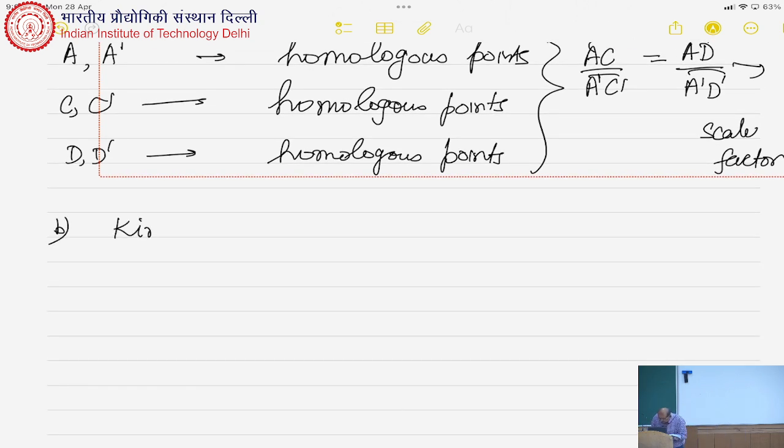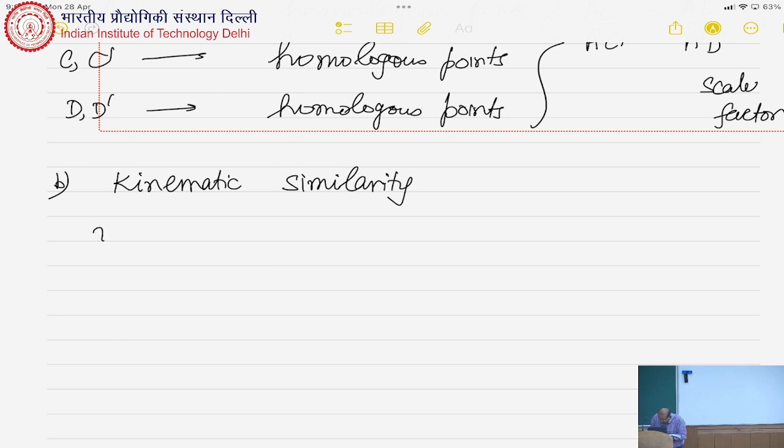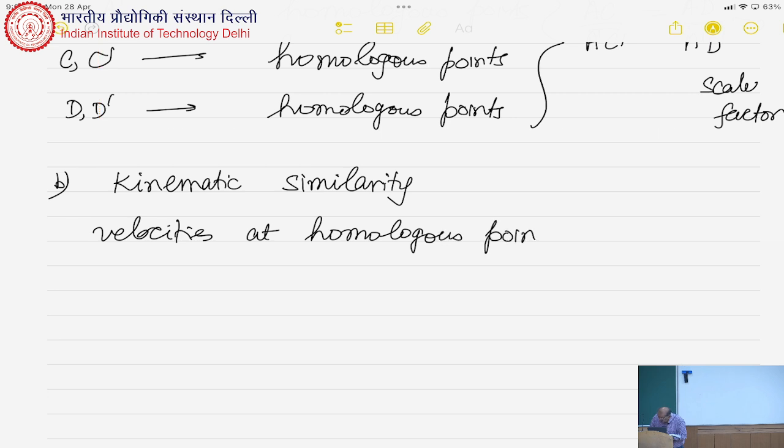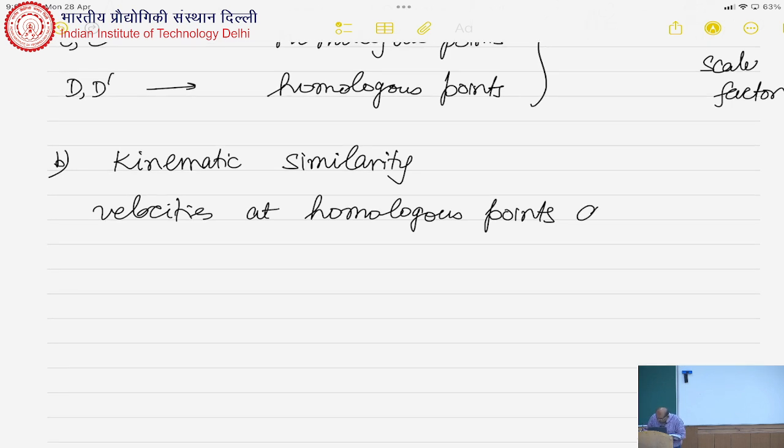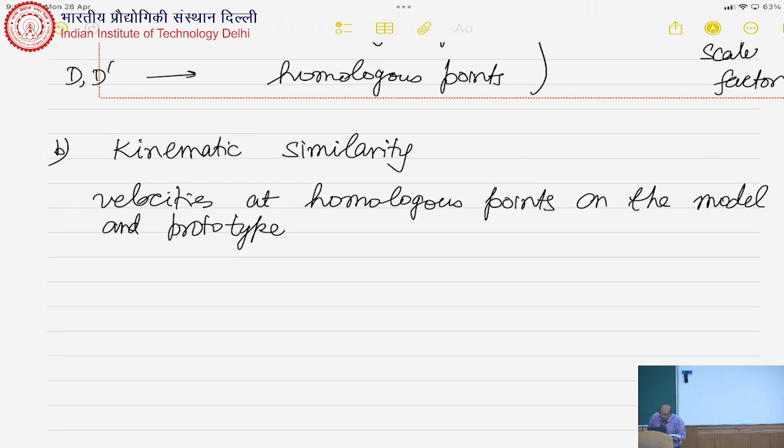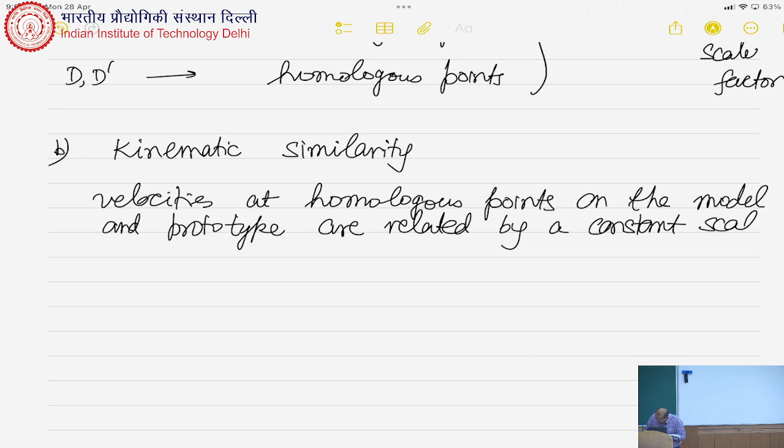Second thing which one has to ensure is kinematic similarity, that is, velocities at homologous points on the model and prototype are related by a constant scale factor.